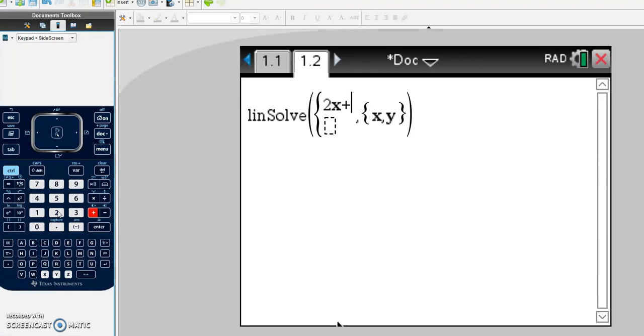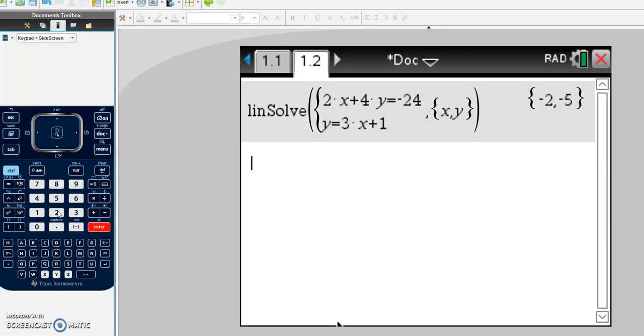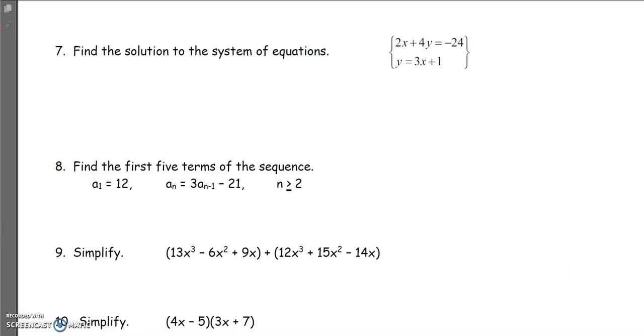So I have 2x plus 4y equals negative 24, and then I will have y equals 3x plus 1, and then enter. So my solution is going to be negative 2, negative 5. Let me put the sheet back up. So we have negative 2, comma, negative 5. This would be my solution for number 7.